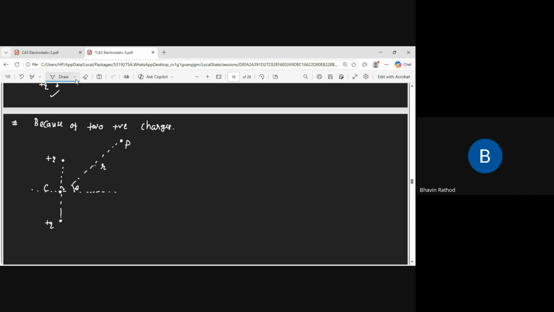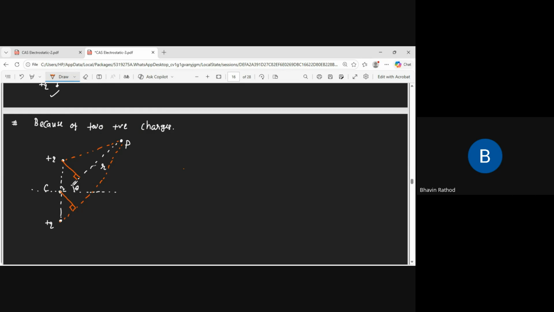All right, so let us join the charges with the point P, and let us drop a perpendicular like this.